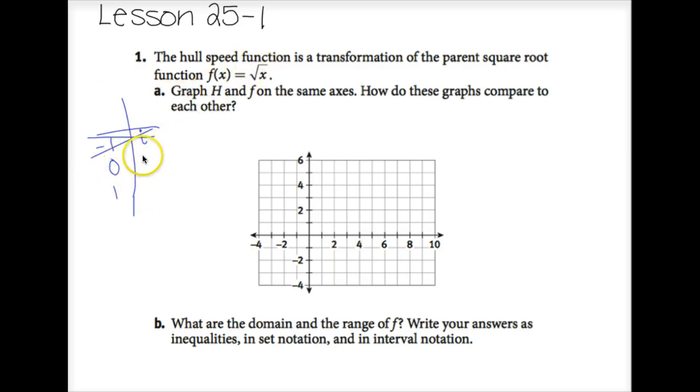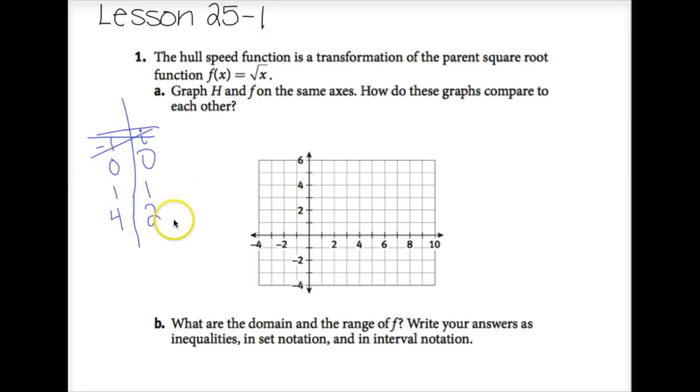The square root of 0 is 0. The square root of 1 is 1. If I pick 2, the square root of 2, I don't know off the top of my head because it doesn't come out evenly. The next number that has a perfect square is 4, so the square root of that would be 2.